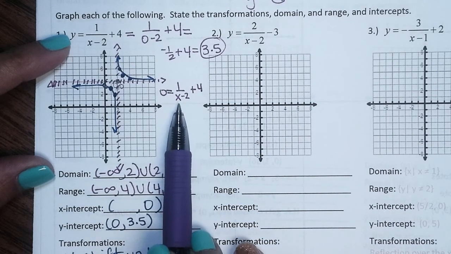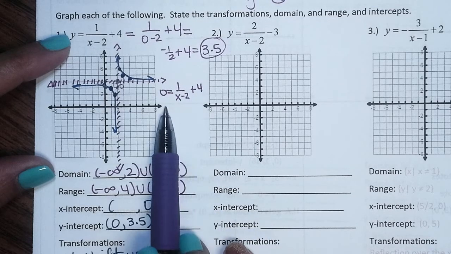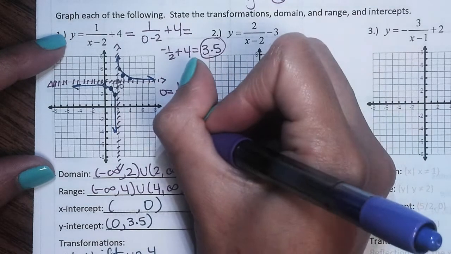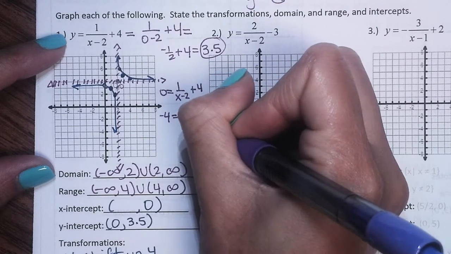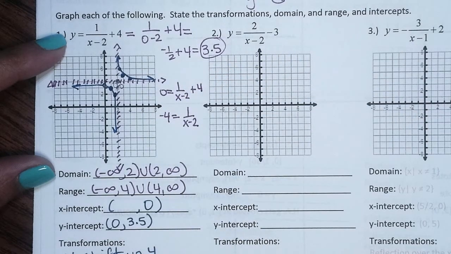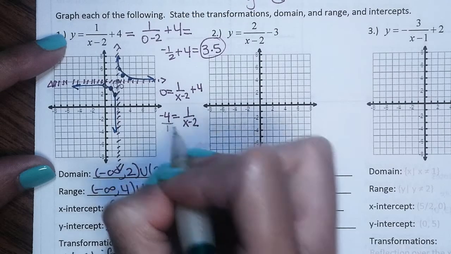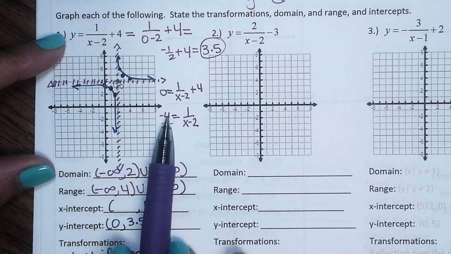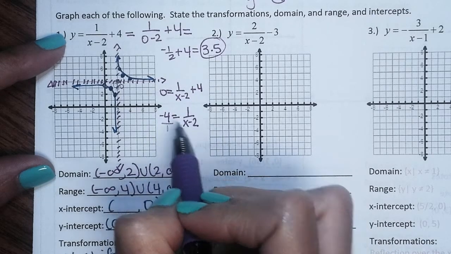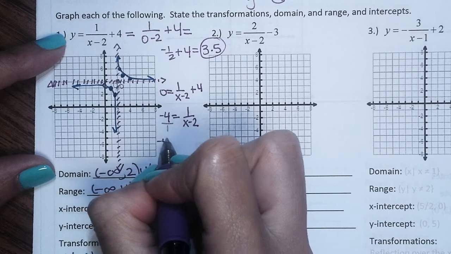One way to solve for x is to bring the plus 4 over to the left as a minus 4, equals 1 over x minus 2. Now what I would do to solve for x is cross multiply. So pretend that negative 4 is a fraction: negative 4 over 1 equals 1 over x minus 2. If you cross multiply, negative 4 times x is negative 4x.